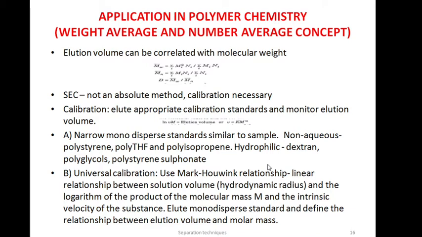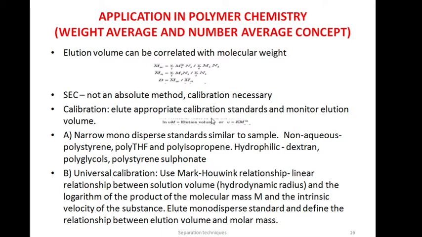Impossible. Hence, what you're supposed to do is calibrate it. You have to elute appropriate calibration standards and monitor elution volumes. There are calibration standards available, which the company provides us. So you have to elute them first and then find out at what volumes what molecular weight compound is going to come out.